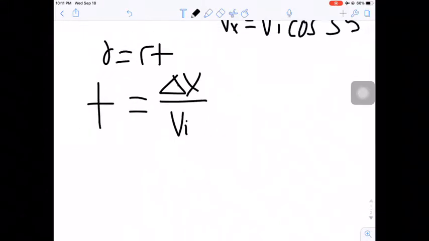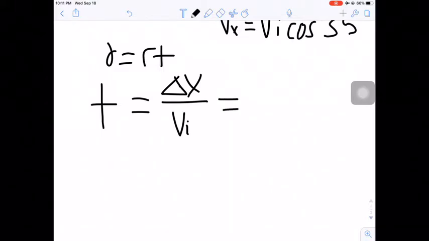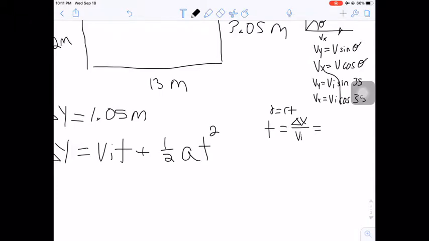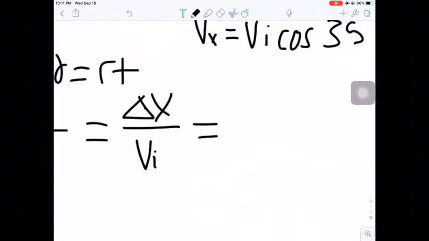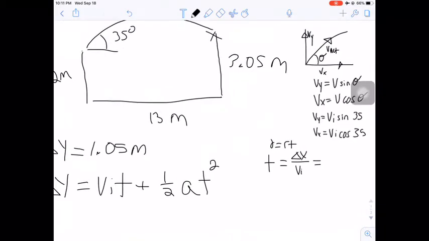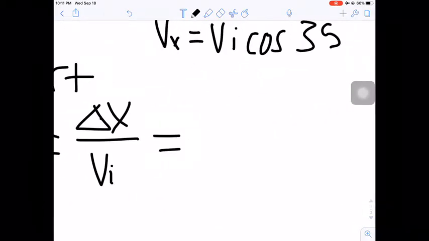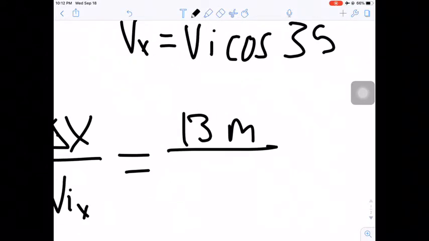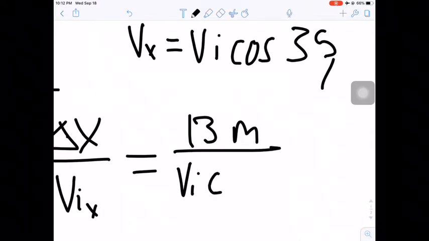So the time in this case would be equal to delta x, which was 13, the distance between the person and the backboard, so 13 meters, over the initial velocity in the x direction. This is also a place where some students mess up, where they put the initial velocity in the y direction, but for this case it would be the x. And that, as we saw, was equal to vi, the initial, times cosine 35.